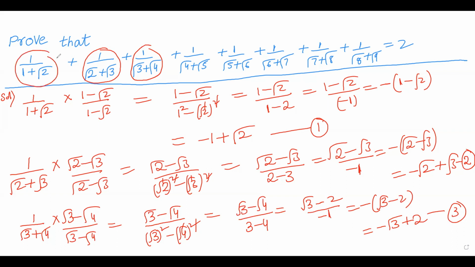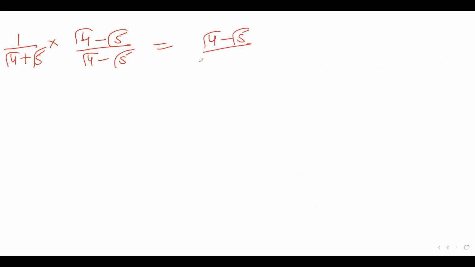All three terms are done. Now I am rationalizing the fourth term on the next page. 1 by root 4 plus root 5. Rationalizing factor: root 4 minus root 5 by root 4 minus root 5. We will get root 4 minus root 5 by a square minus b square.